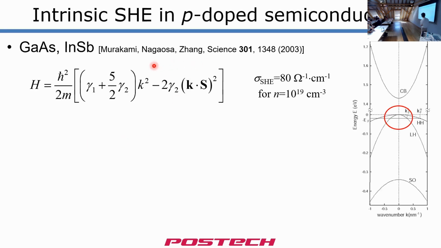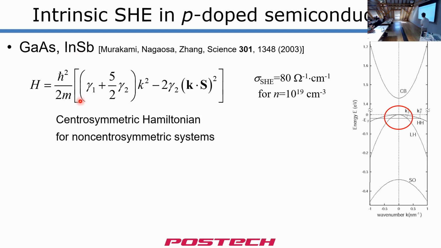Actually, in this paper by Murakami, Nagaosa, and Zhang in 2003, they addressed the spin transport in gallium arsenide and indium antimonide. They are both non-centrosymmetric systems. Nevertheless, the model Hamiltonian is actually centrosymmetric.